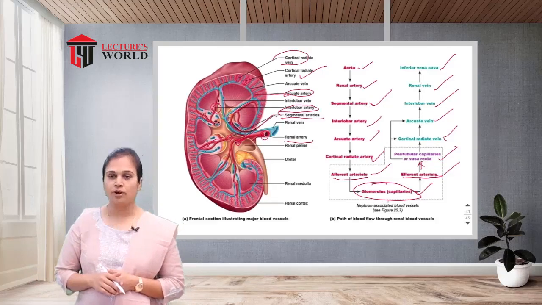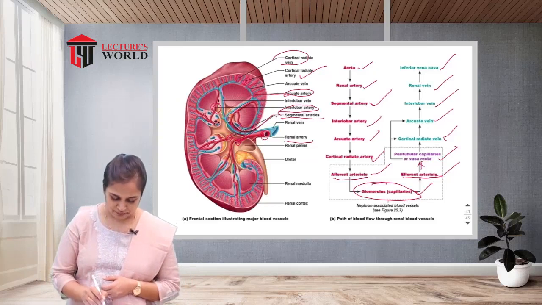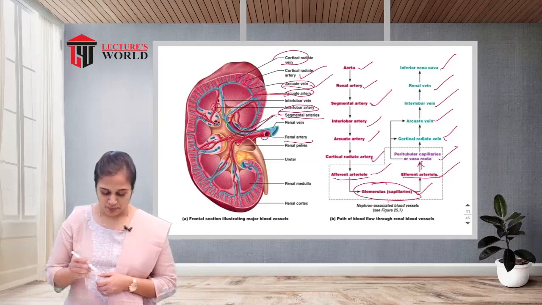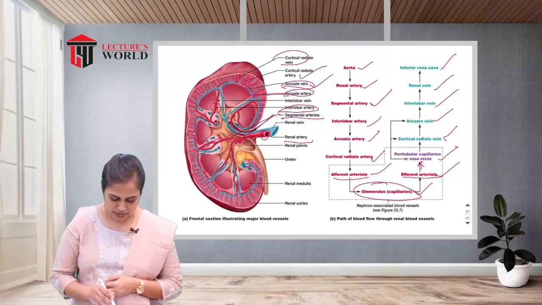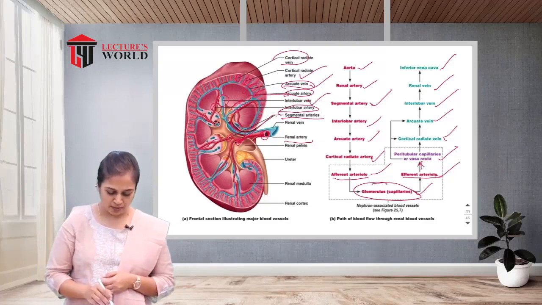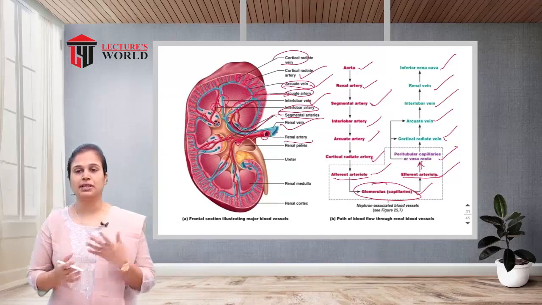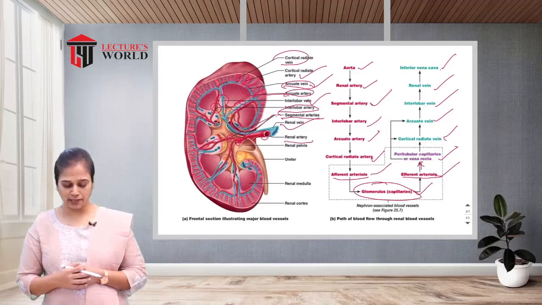From the cortical radiate vein, it comes into the arcuate vein. From the arcuate vein, it comes into the interlobar vein. From the interlobar vein, blood drains into the renal vein, and from the renal vein, blood goes into the inferior vena cava.